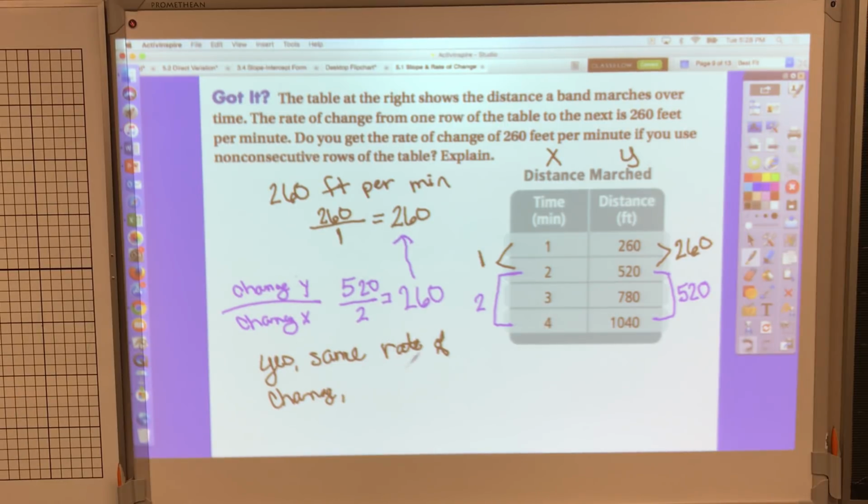No matter which 2 points you get on a line, your slope will always be the same. So the rate of change or the slope of a line is the same as your rate of change.